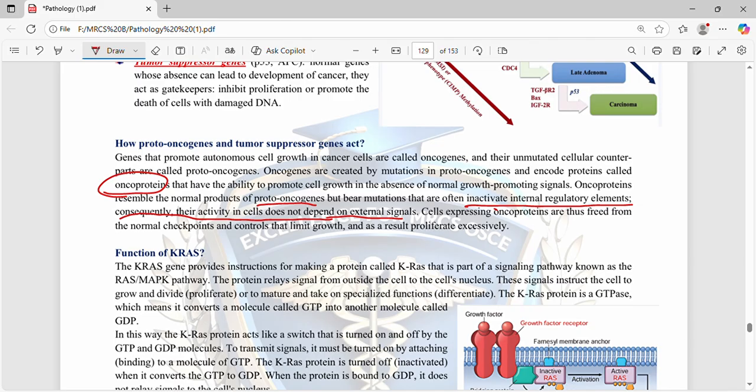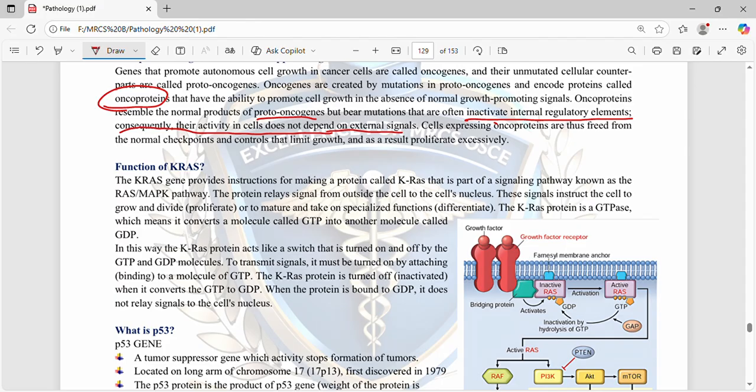So their activity in the cell does not depend on external signals. Cells expressing oncoproteins are freed from the normal checkpoints and then they divide unlimited, without any pause.